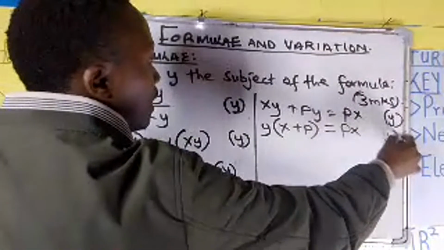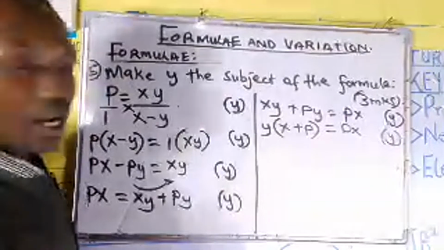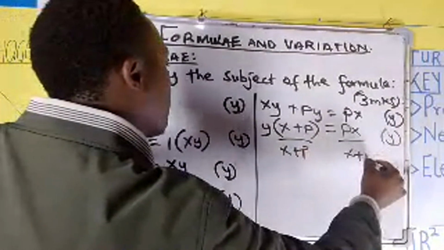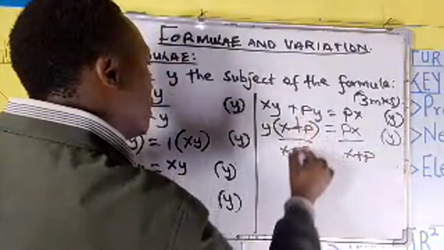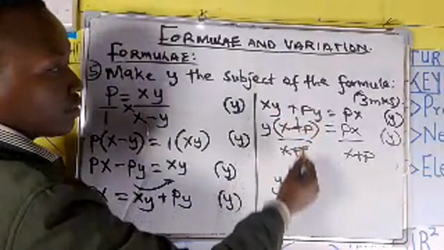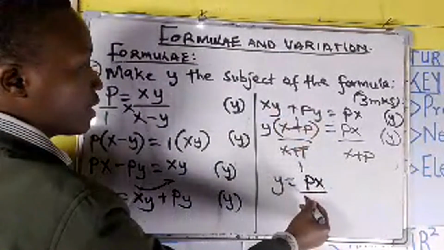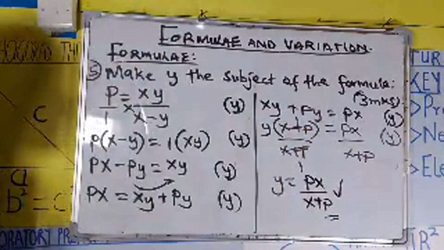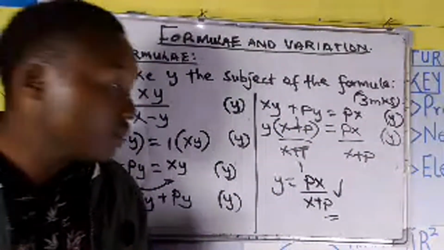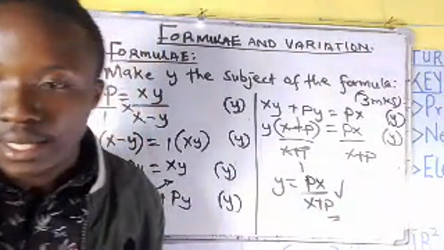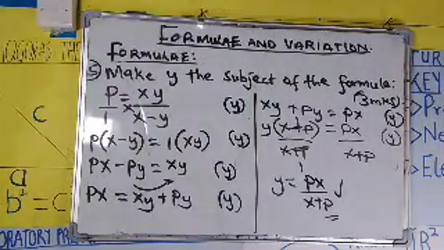And because we want y as our subject, we are going to divide both sides by x plus p, and we are going to get our y as, we cancel, we are left with y is equal to px over x plus p. If you check this one clearly, you will note that there is no y on the other side of the equal sign, and we are done.